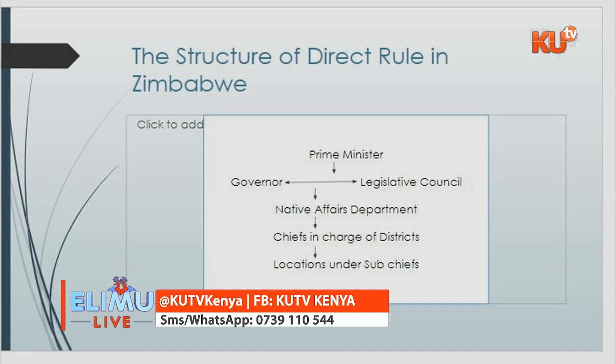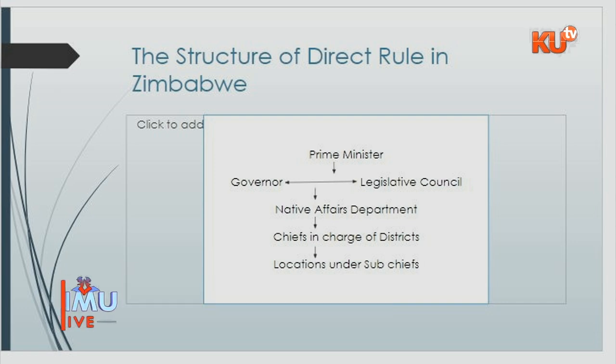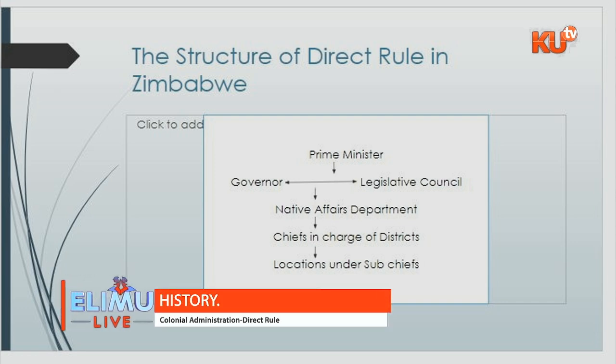Then under the legislative council was the Native Affairs Department. It used to deal with the native, somebody who is indigenous. So the indigenous or the African affairs. Whoever was in charge was a white man. The prime minister was a white man, Ian Smith. The governor was a white man. The legislative council were the white people or the settlers who are the majority.